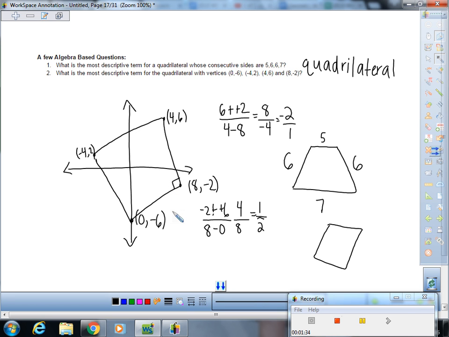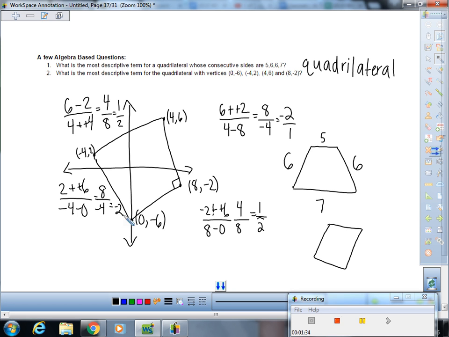And then if we do these ones, we have 6 minus 2, then 4 minus -4. So this gives us 4/8, which is 1/2. And then we take 2 minus -6 over -4 minus 0, which is 8/-4, which equals -2.